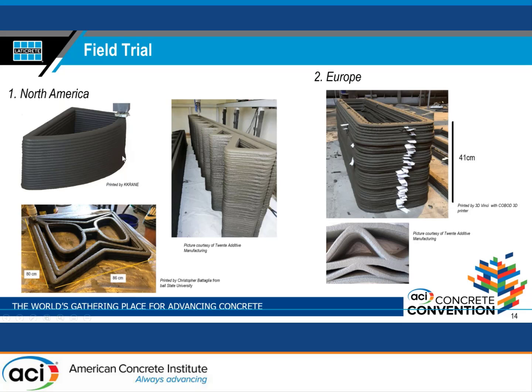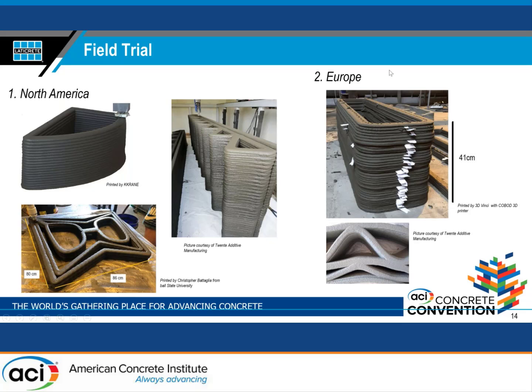For the Crane, we used a gantry type 3D printer. And here in the middle is the test print with 20 Additive Manufacturing in British Columbia. They also use a gantry type 3D printer. On the bottom left is the field trial conducted at Ball State University using a robotic arm 3D printer.